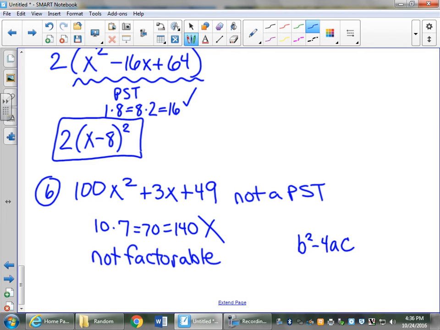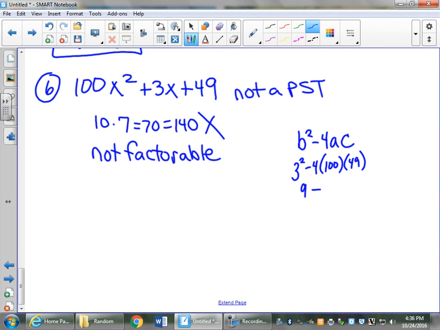So if I do my discriminant real quick, b squared, so that's 3 squared, minus 4 times 100 times 49, I'm going to get 9 minus a really big number, which will be negative, automatically meaning it's not a perfect square. 400 times 49 is 19,600.